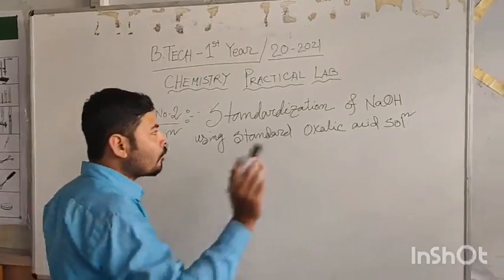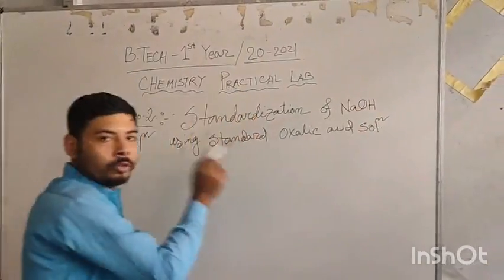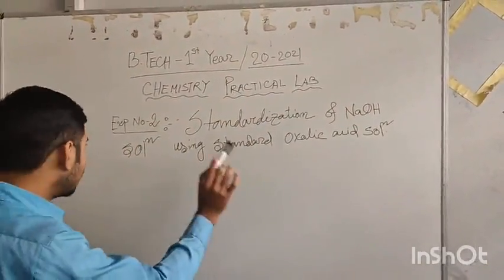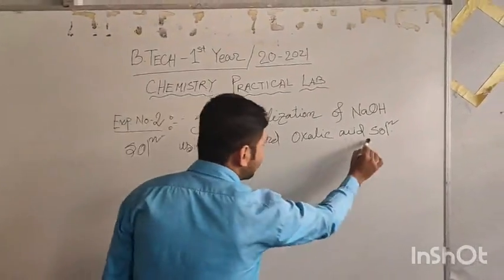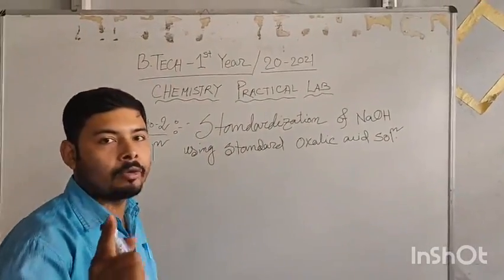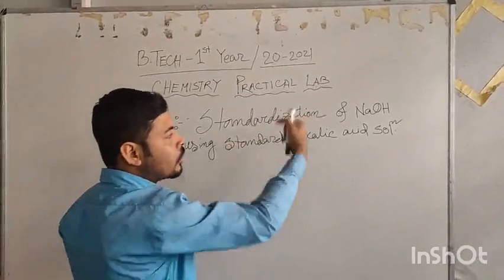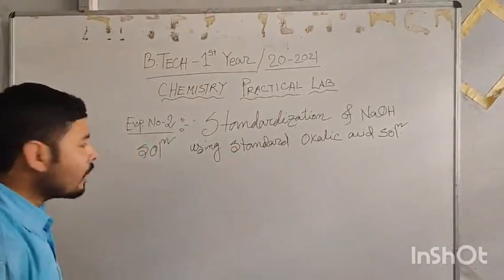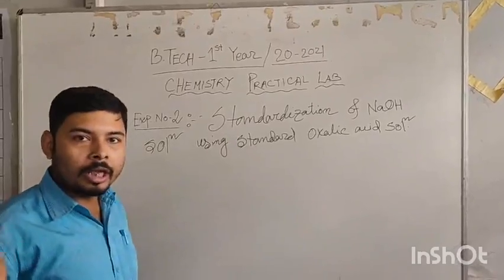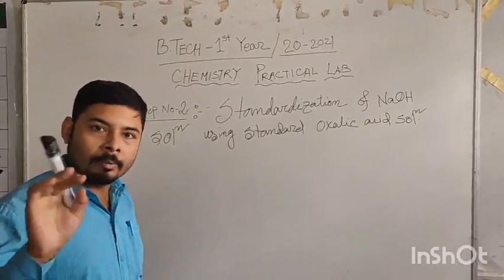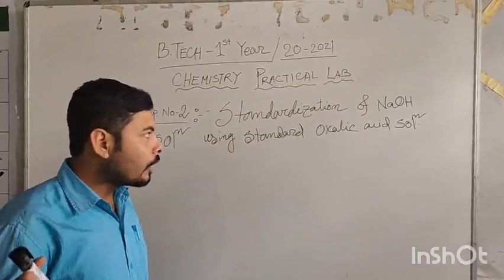The strength of the NaOH will be unknown to you for this experiment. But the actual strength of oxalic acid, which you have already found in experiment number 1, will be used to calculate the actual strength of NaOH. How you will calculate, everything is written in the manual. You will get the manual also in PDF form, so don't worry about that.